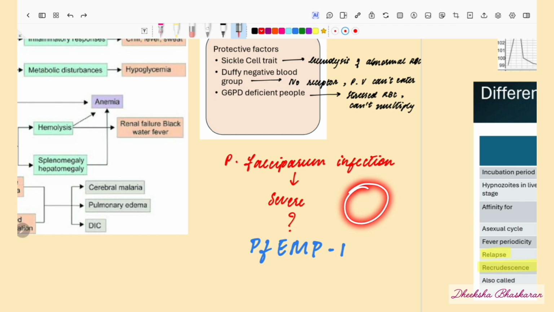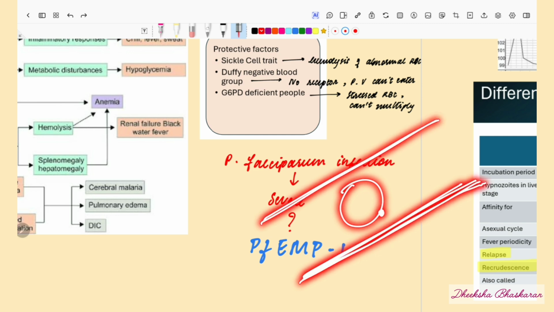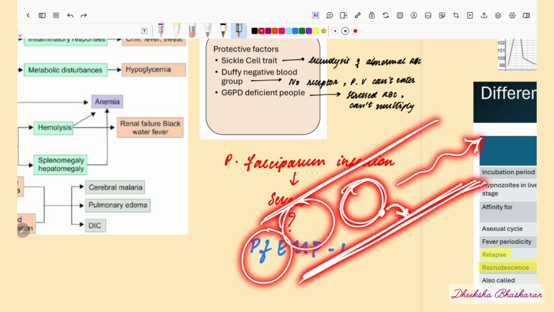When the RBC which has Plasmodium falciparum infection has this receptor, it passes through the blood vessel, right? So that has endothelial lining. These receptors attach to the endothelial lining, so essentially they attach to it and they don't flow, they don't move through the blood vessel. So all of these lead to blockage of the vessel.